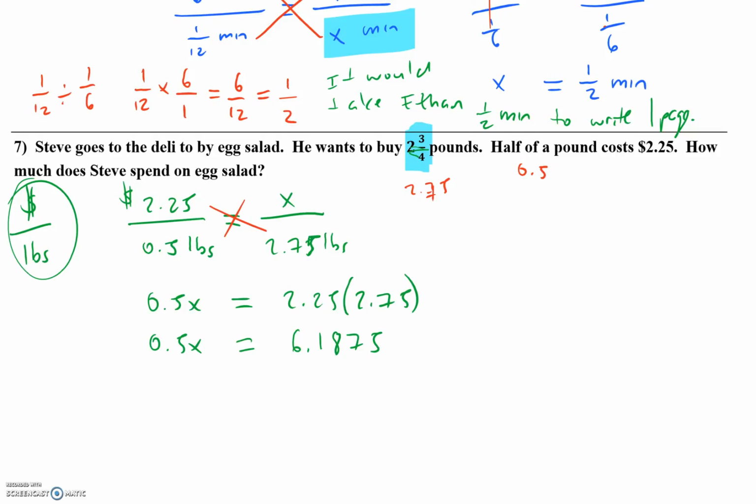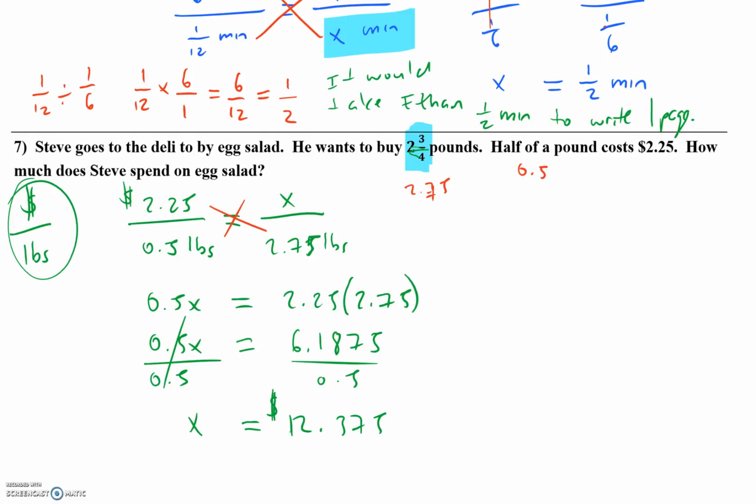All right, now we have 0.5x equals 6.1875. And we just have to divide by 0.5 now. Once again, left side, that divides to 1. We're left with x equals 12.375.